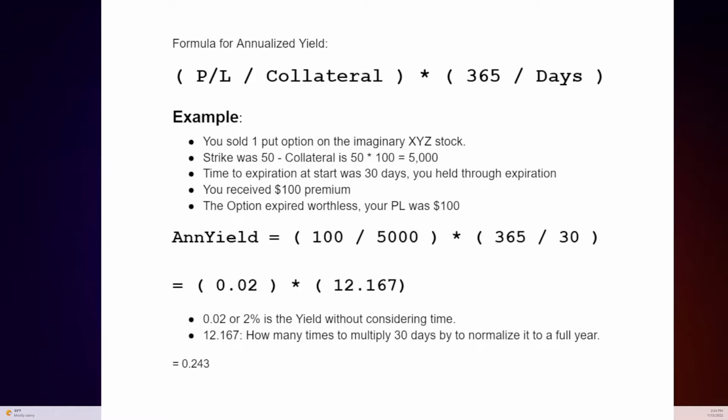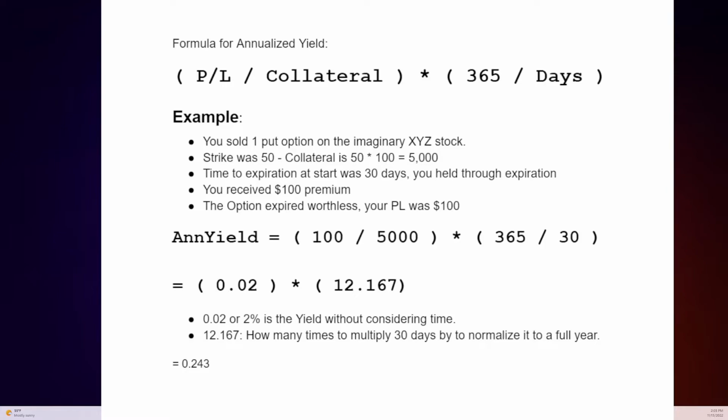So your annualized yield would be 100, the amount of your profit, divided by 5,000, that's the amount of collateral you had to put up. That times 365, the number of days in a year, divided by 30, the length of the contract. So that equals 0.02 times 12.167.